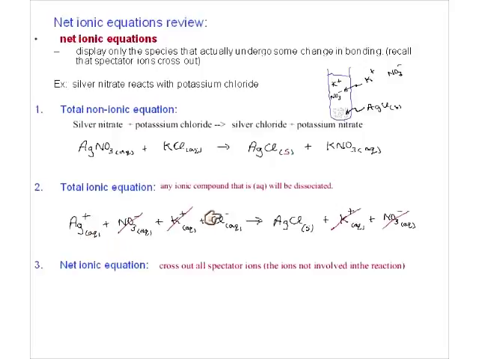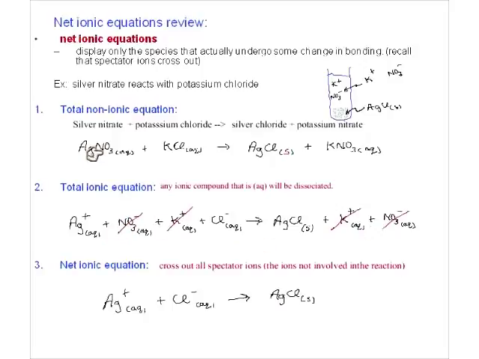And likewise, the chloride ions now react with the silver, and the chloride ions change. So once we cross out our spectators, what we're left with is the overall reaction of what's actually happening in that test tube. That's very important. The important thing that's happening in this test tube is that silver ions react with chloride ions to produce silver chloride. So we got rid of the riffraff. We don't need to see these because they're not involved in the reaction.